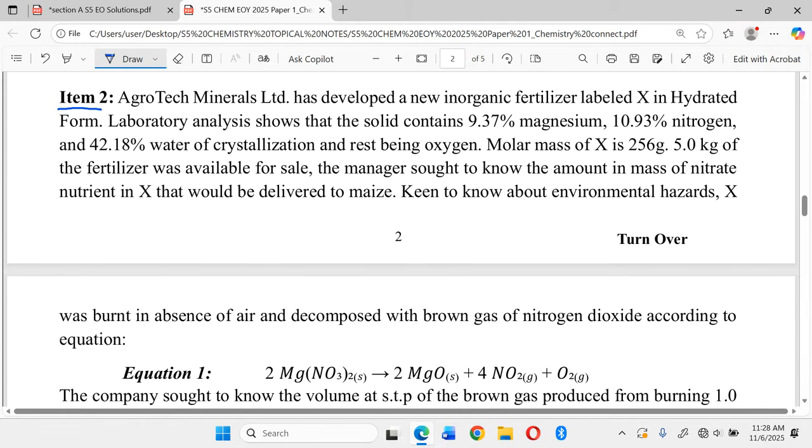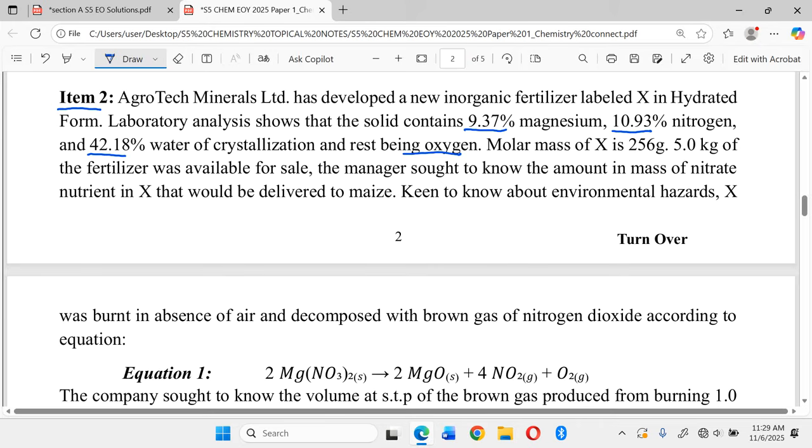Let's look at item number 2. Agrotech Minerals Limited has developed a new inorganic fertilizer labeled X in hydrated form. Laboratory analysis shows that the solid contains 9.37% magnesium, 10.93% nitrogen, and 42.18% water of crystallization, and the rest being oxygen.